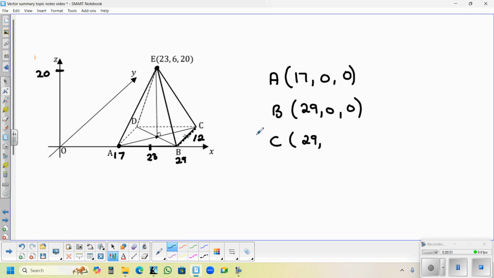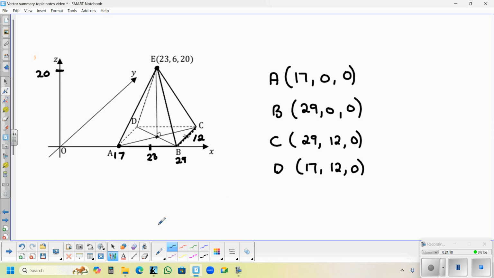On the y-axis, I've got to go back 12, and I'm not going up or down, so the z-axis is 0. Last wee point there is point D. So for point D, I'm going to cross to 17. On the y-axis, I'm going back the same amount as that, so I'm going back 12. And going up and down, I'm not, so the z-axis is 0.